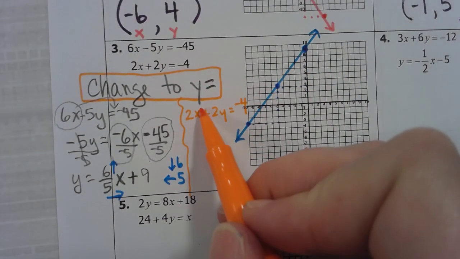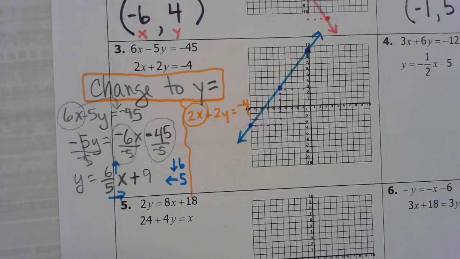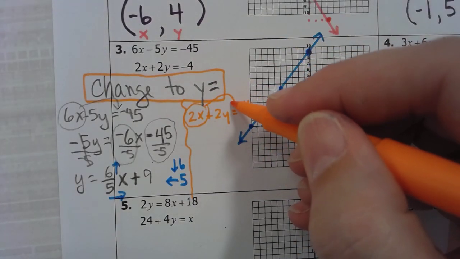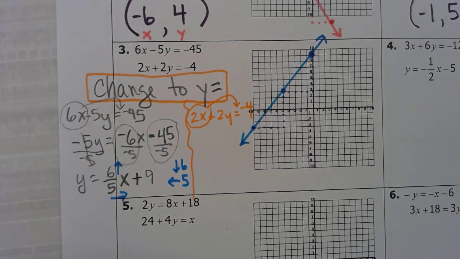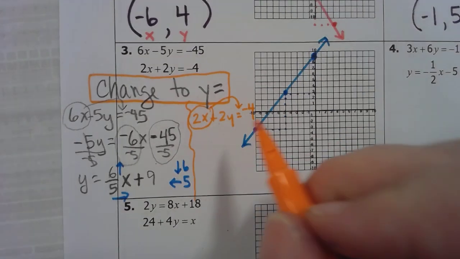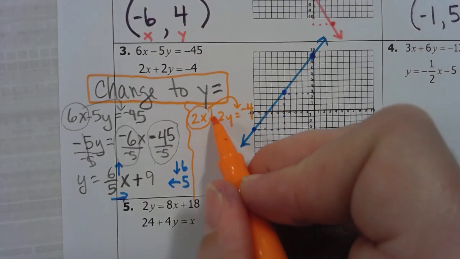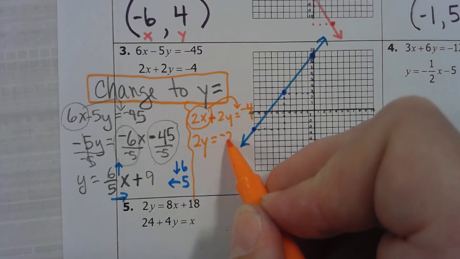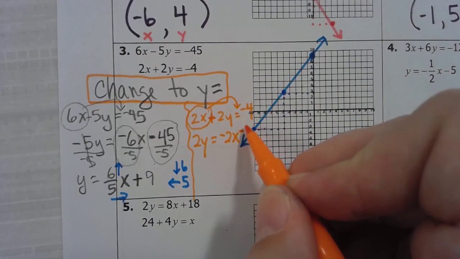So we're going to take this positive 2x and we're going to move it to where? After the equal sign in front of the negative 4. And when I push it back there, it's going to become negative 2x. So we have a positive 2y right here in the middle, and we're going to move the negative 2x to the back, and then a minus 4.